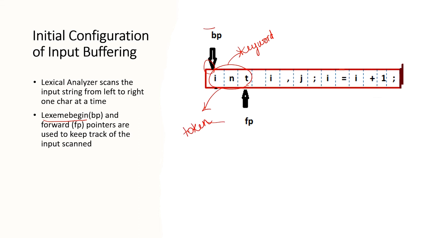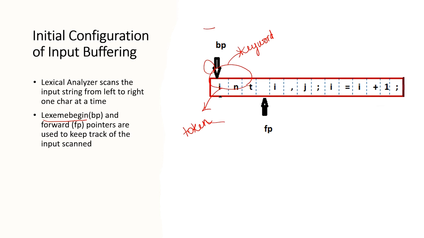Next, our forward pointer moves one step. So it is a blank space. As soon as a blank space is encountered, it indicates that the lexeme comes to an end. After identifying a token, FP moves ahead of the white space, that is, FP ignores the white space and moves ahead.